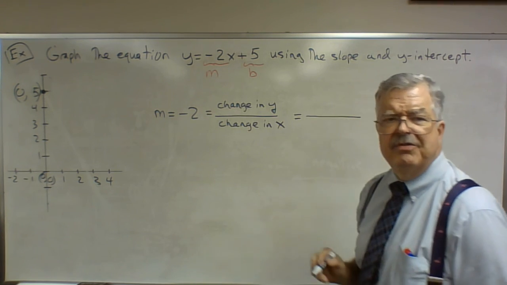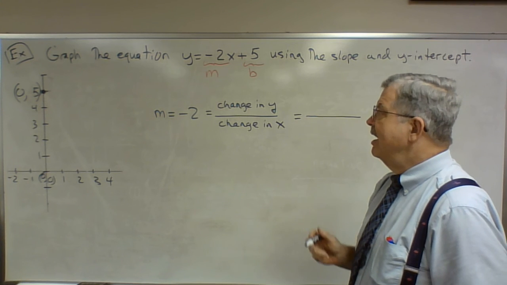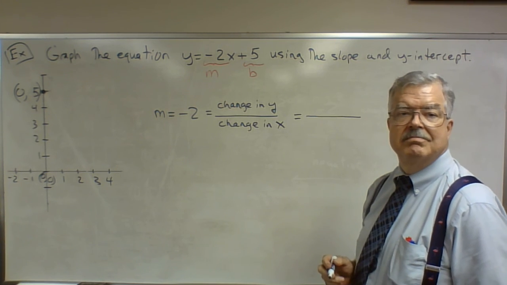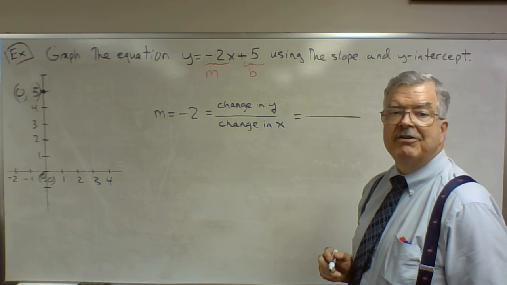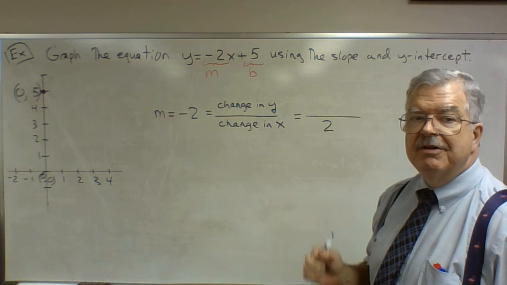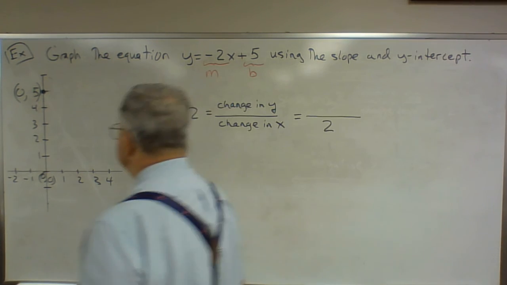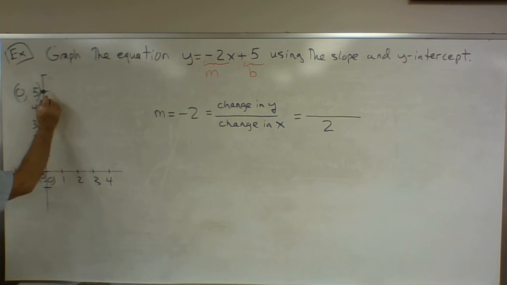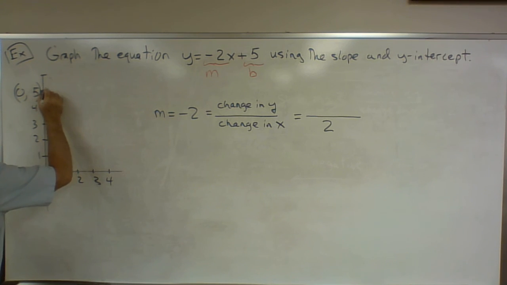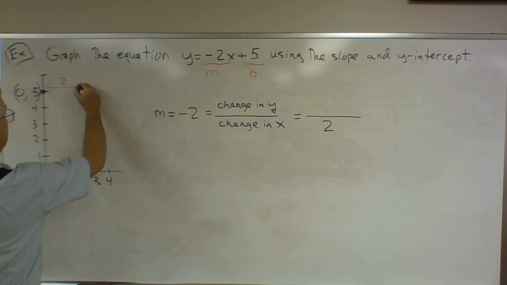So suppose this time, just arbitrarily, I change x by 2 units, +2 units. So we start here at x equals 0, and we go +2 units from left to right.